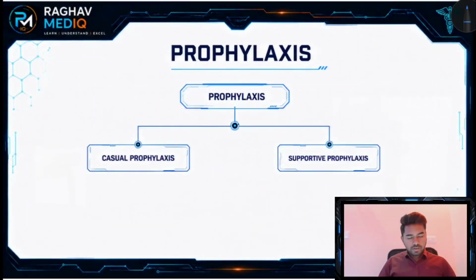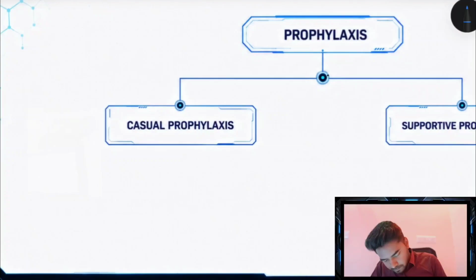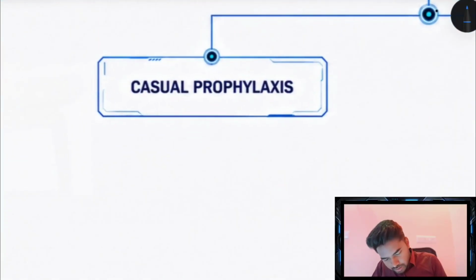For malaria prophylaxis, there are two types of prophylaxis. One is causal prophylaxis, the other is suppressive prophylaxis. For causal prophylaxis, we'll use drugs to kill hepatic stages.